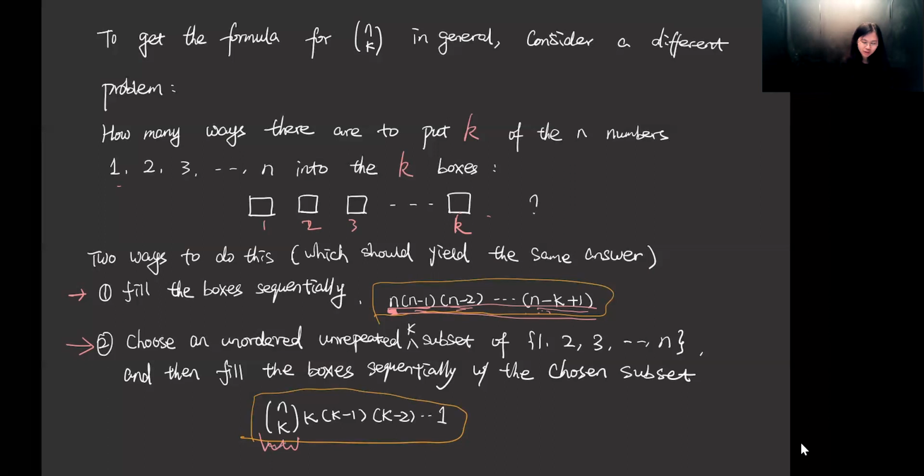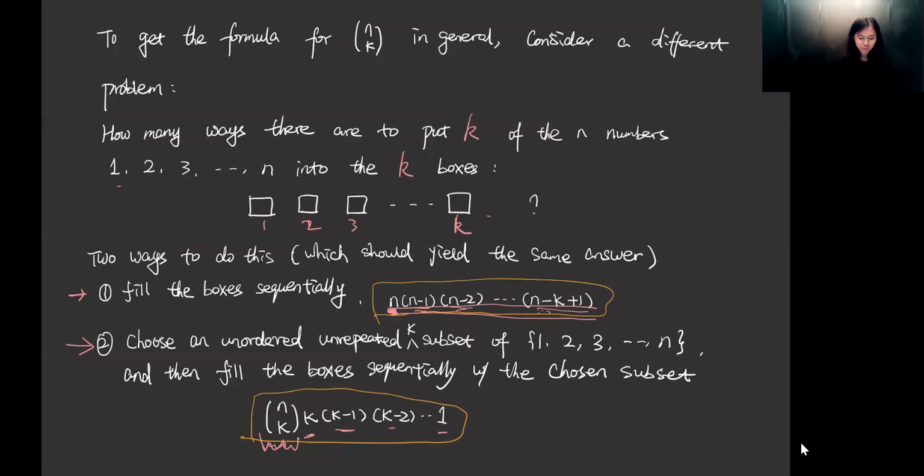Once you have done that, you put these K chosen numbers into the K boxes. You fill each box sequentially. The first box, there are K ways to fill it. The second box, you have K minus 1 ways to fill it, and so on until you are at the last box and you are only left with one number.